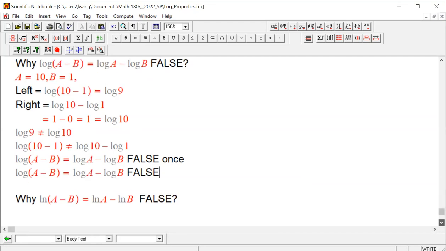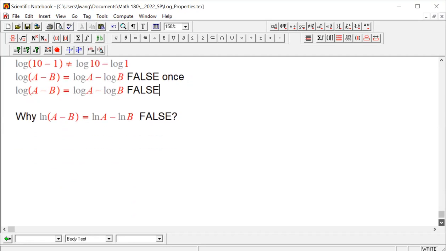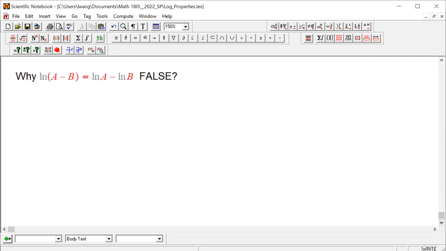Okay, so let's look at the last case. I really just want to inspire some more examples that you may create for yourself so you won't make such a mistake. Just having that second thought and verifying will make a big difference.